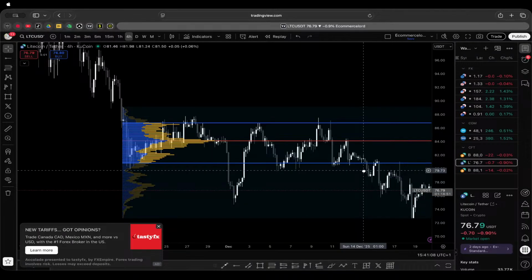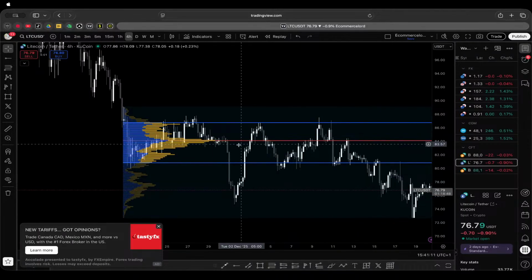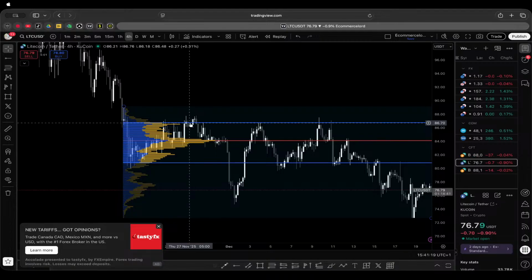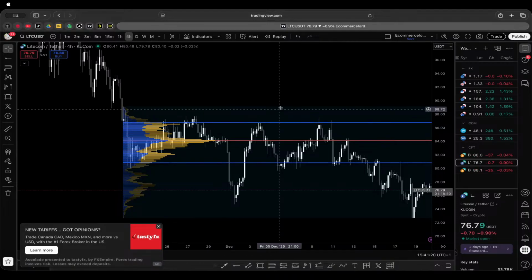It basically isolates where most volume is being traded. This is the point of control, where the highest volume is traded in the particular consolidation. As you can see, you can use it as a resistance level and use this as a support level.